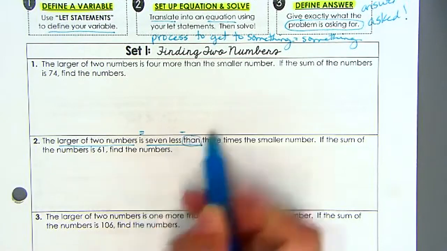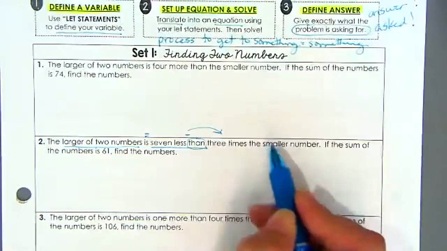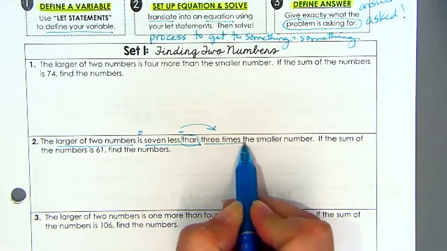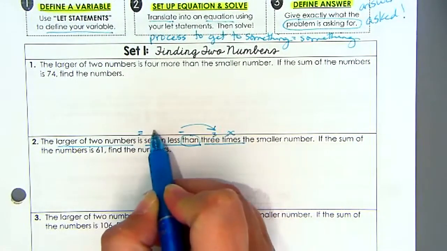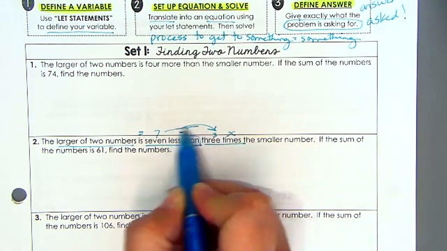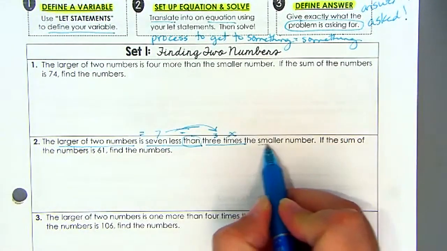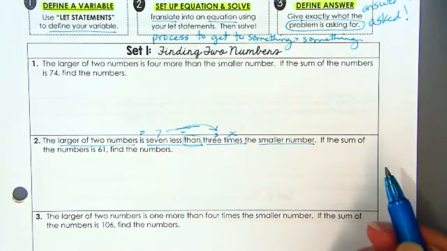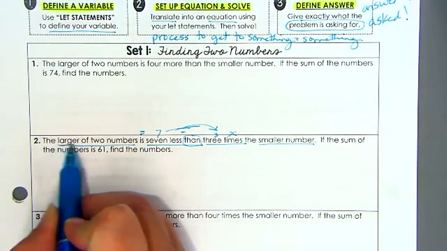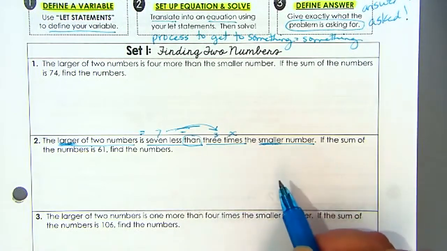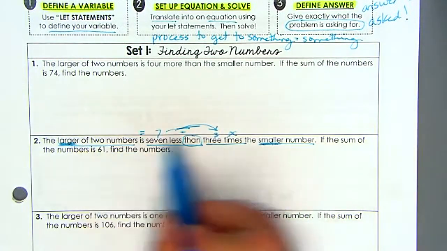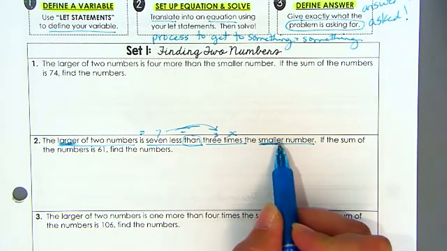The word than means I'm flipping the order. 3 times, times means multiplication. So I've got a 3 here, a 7 here. That's probably going to move to the back. The smaller number. I have 2 unknowns, the larger and the smaller number. The larger one is dependent on something to do with the smaller number.